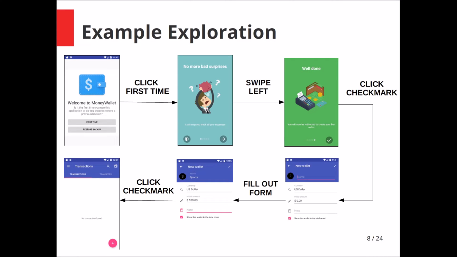If we click on the check mark, we come to a new activity in which we can create a new wallet. We can fill out the form and click on the check mark, and this brings us to a new state showing a list of transactions which is empty initially.